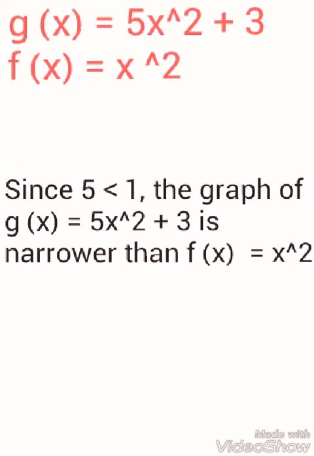As we can see here, since 5 is greater than the invisible 1 here, the graph of g(x) equals 5x to the second power plus 3 is narrower than f(x) equals x to the second power.